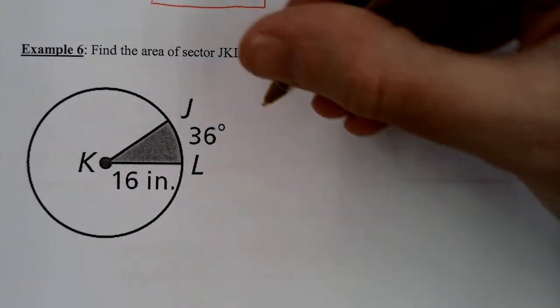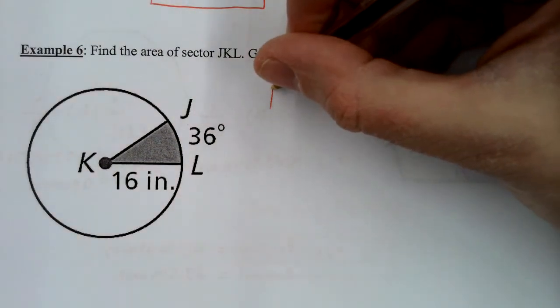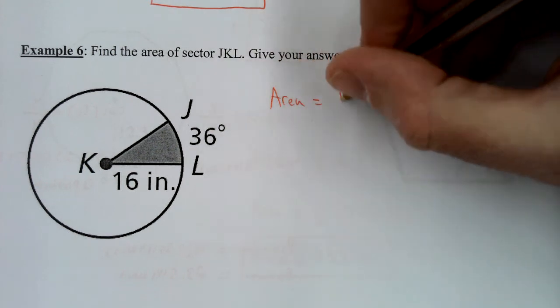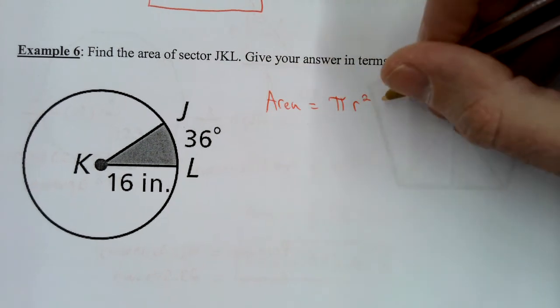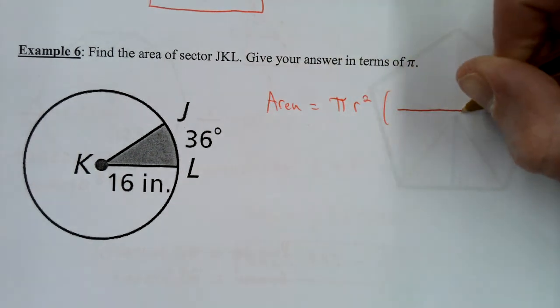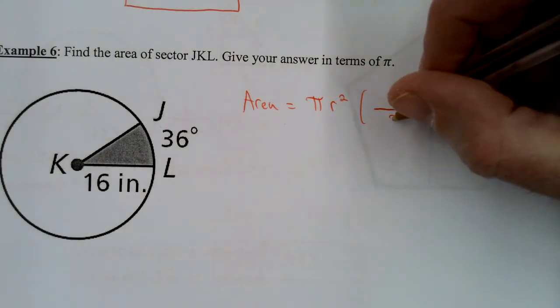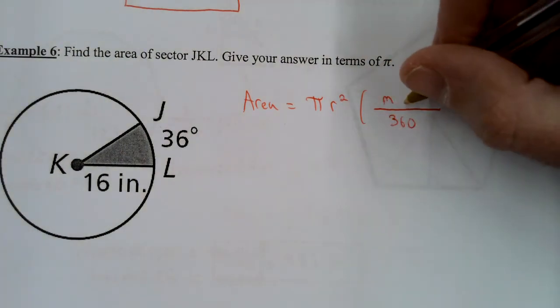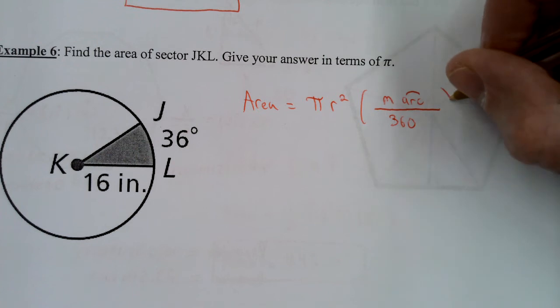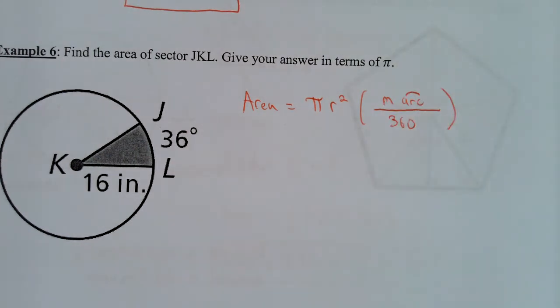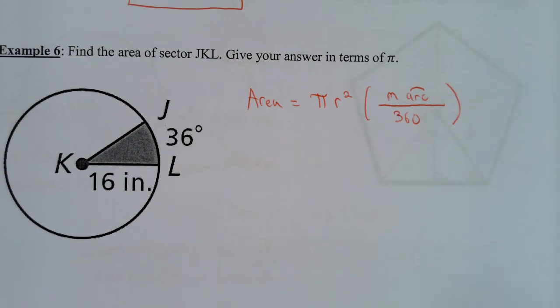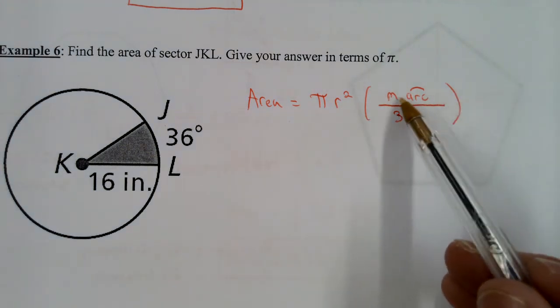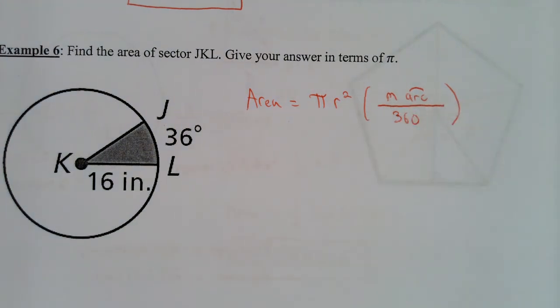Okay, so area is going to equal pi times radius squared times the measure of the arc over 360. That's what we're basically going to do. Because pi times radius squared, that's the entire circle's area, see above, and then times just the portion we want over 360. Okay?